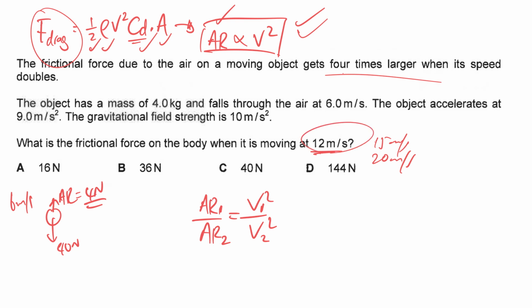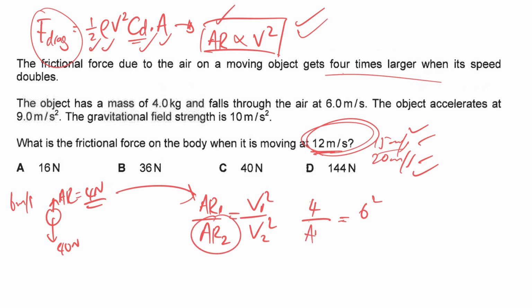For easy reference, instead of using other values, I will just use 12 again, but if it's 15 or 20 meter per second, this method definitely works. So the air resistance, as we established, is 4 Newton, and the respective speed at that particular time will be 6 to the power of 2, and this is the new air resistance that I'm going to find, and the speed is 12 squared.